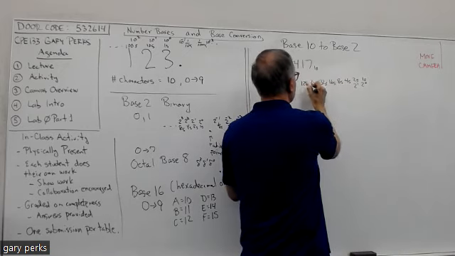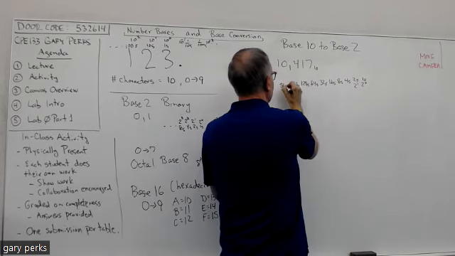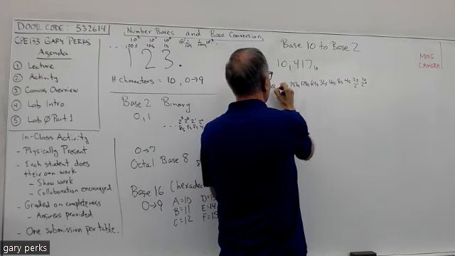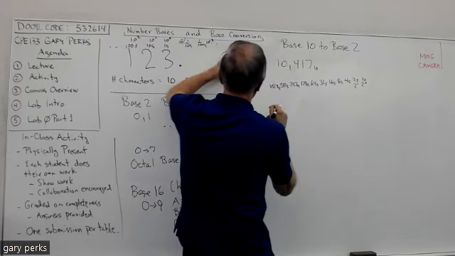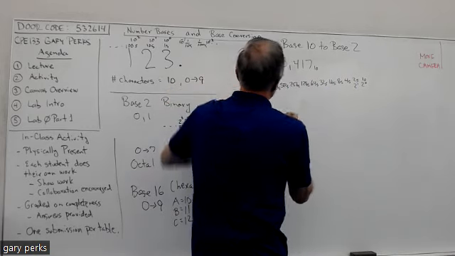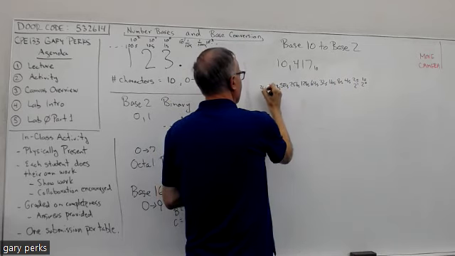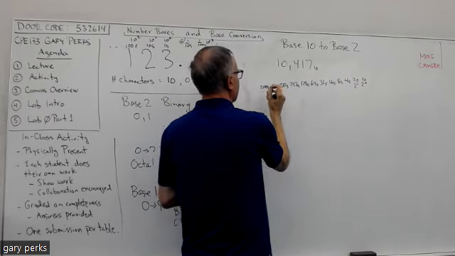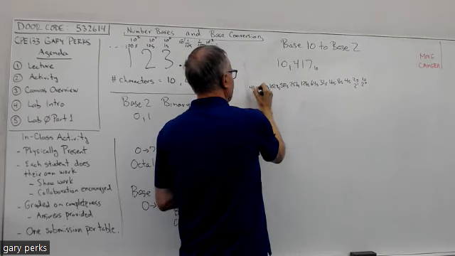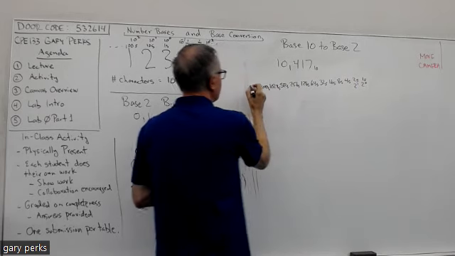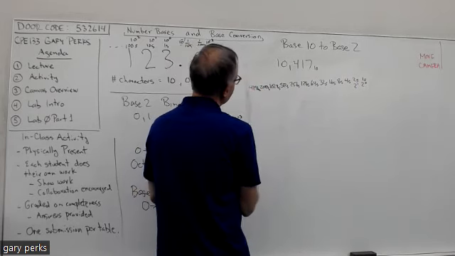How many 128s? How many 256s? How many 512s? How many 1024s? How many 2048s? How many 4196s? Let's see, then what's next?